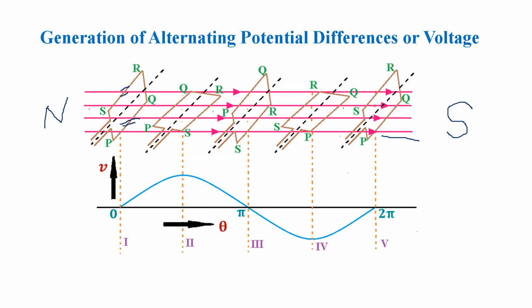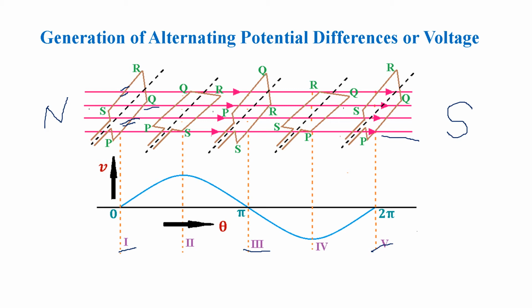Now you see the plane of the coil at positions 1, 3 and 5 is vertical. The sides of the coil are moving parallel to the magnetic flux, and here we consider that the coil is moving in a clockwise direction. So they do not cut any flux.